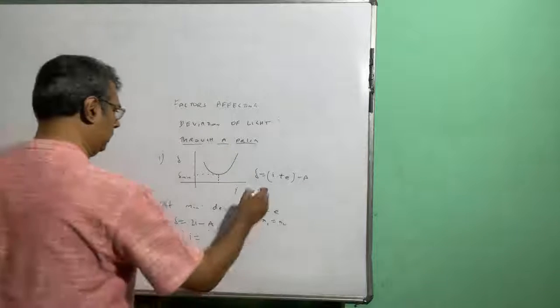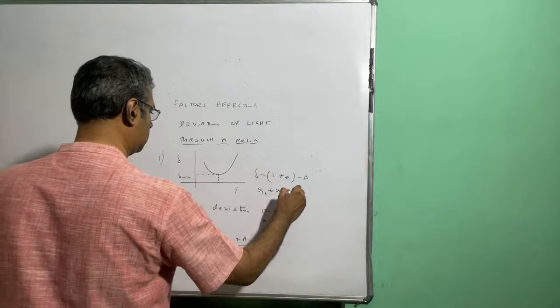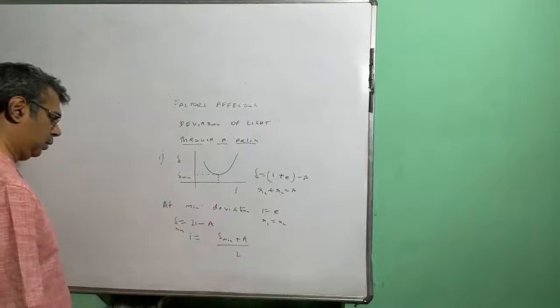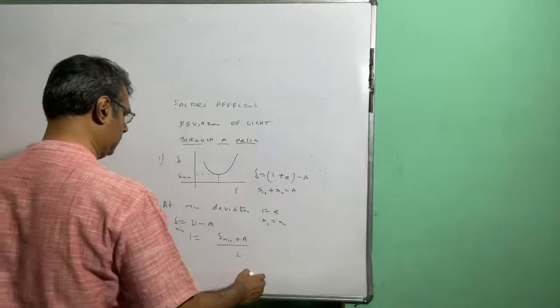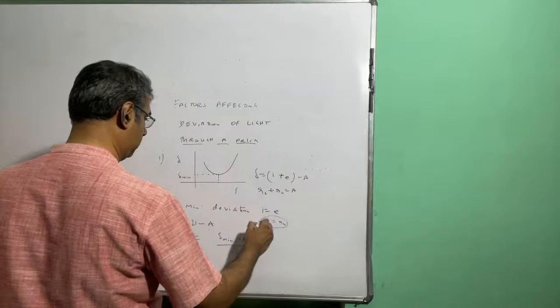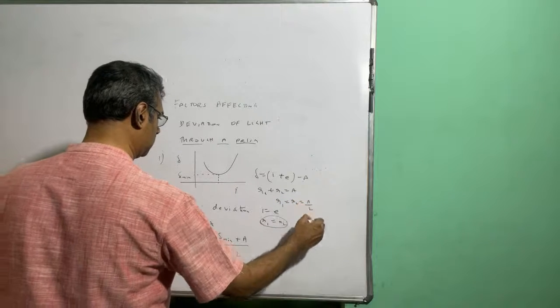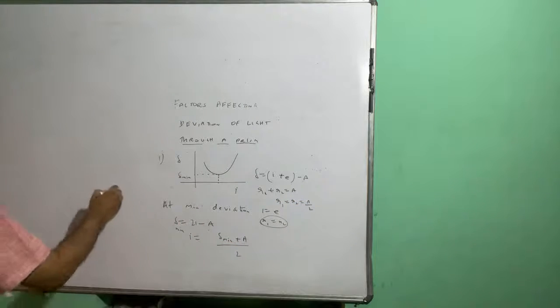And one more thing. R1 plus R2 is equal to A, and at minimum deviation R1 and R2 are both equal, so R1 equals R2 equals A by 2.